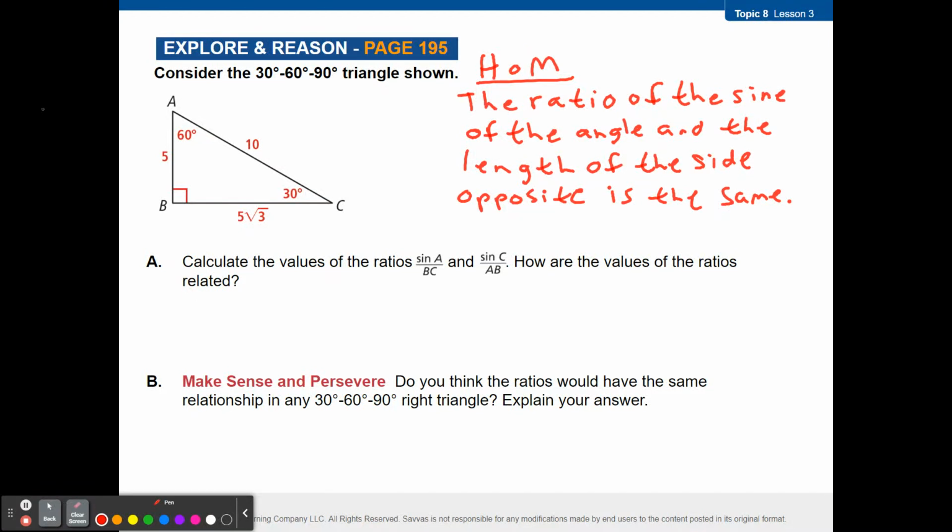So we're definitely going to have this. Sine of 60 over 5 square root 3. In your calculator, you do have to put parentheses around that. It would help. And then we're going to have the sine of 30 over 5. Now what are we noticing? They're both 0.1, yeah. They're both equal 0.1.